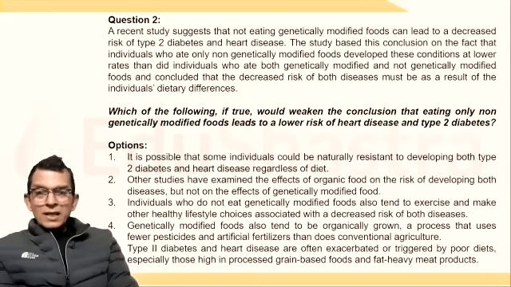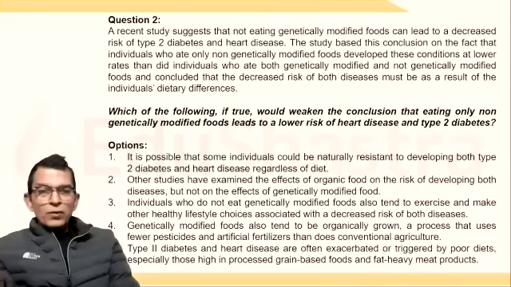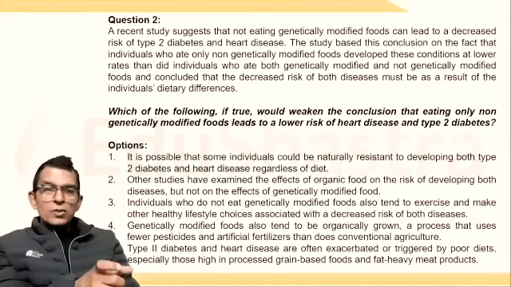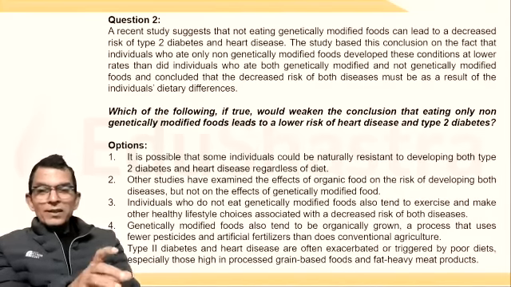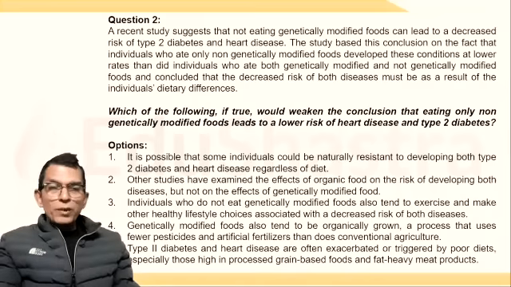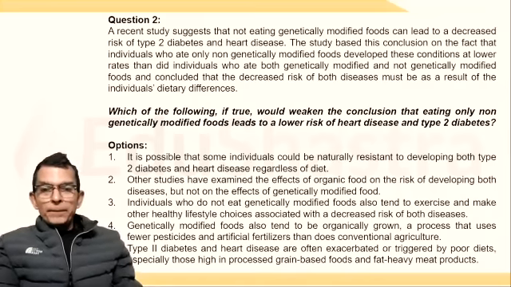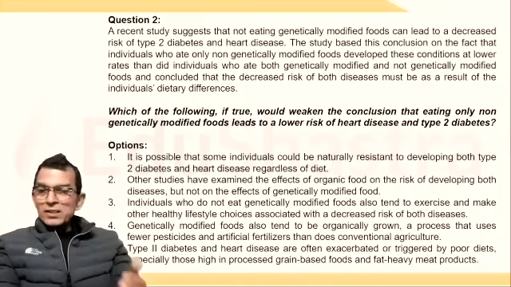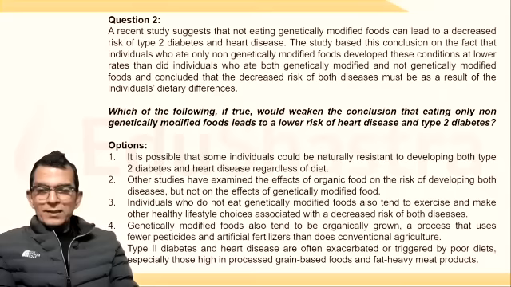The passage claims that the dietary differences, that is between GMO food and GMO plus non-GMO food, must be the reason why people develop the risks of disease, diabetes slowly, because they eat non-genetically modified food.